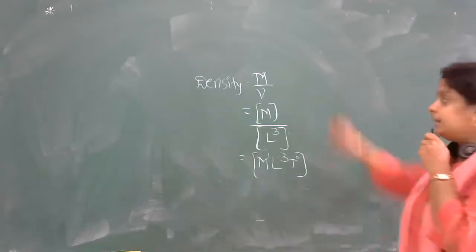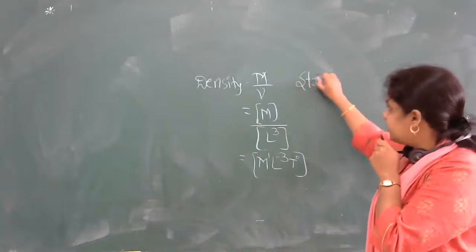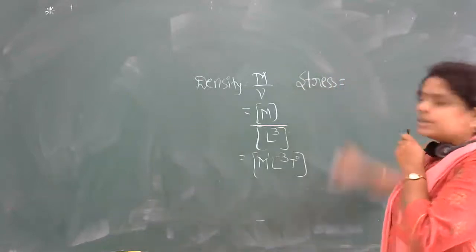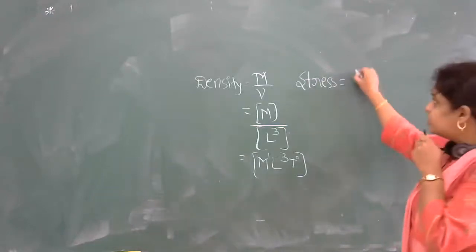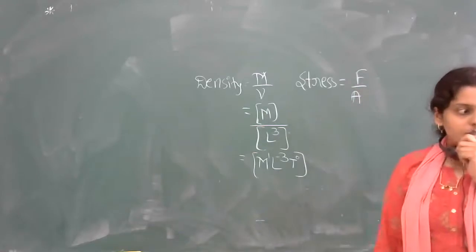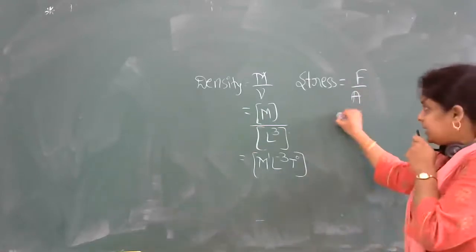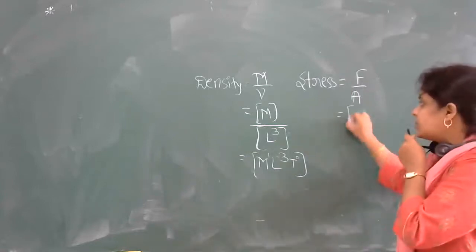Next, let us see two more. That is, in the doubt session we have discussed this. Stress is equal to, what is the formula? Stress is force per unit area. Already in the last class you have seen force. So what is force equal to?